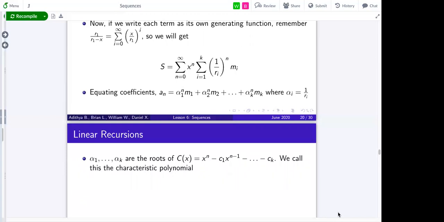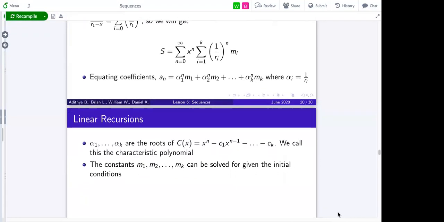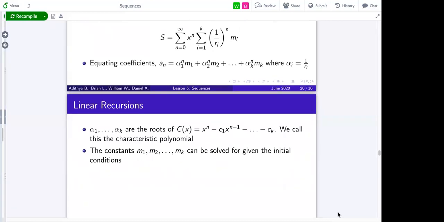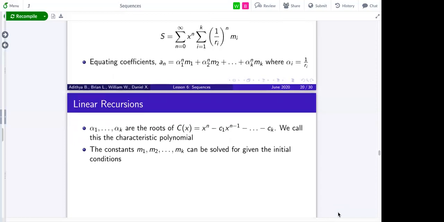And I heard a lot of people above say this. So this is how to derive the characteristic polynomial. And then you may be wondering how to find m1 through mk. Well, given such a linear recurrence, there's going to be some initial conditions, such as what a1 is, what a2 is, all the way to ak, and using those you can solve for m1 through mk.